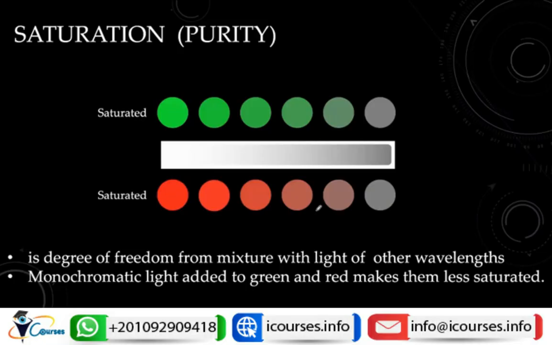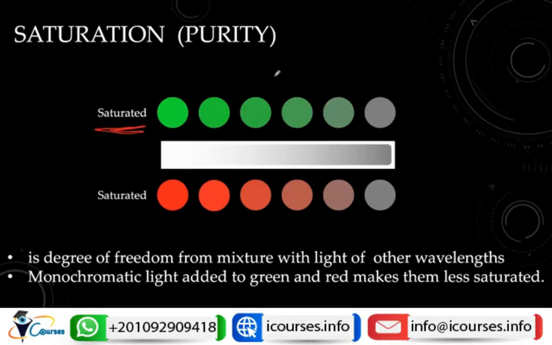The second thing is called the saturation or the purity. This means how pure the color is, or the degree of freedom from light of other wavelengths. If the color is very pure, not mixed with any other color, then this color is called saturated.